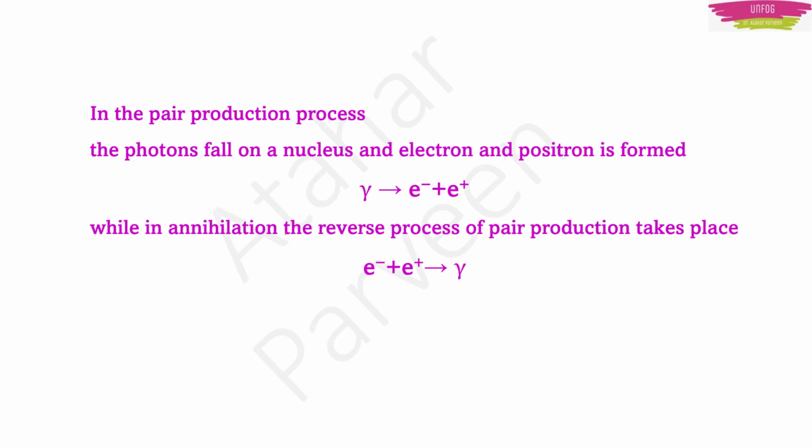See, pair production means this equation: we saw that one gamma ray will fall on a nucleus and one electron and one positron are released. And annihilation means one electron and one positron together will again release photons. What we said in sentences is written here in the form of equations, so no need to worry. I hope your concept is cleared by now.